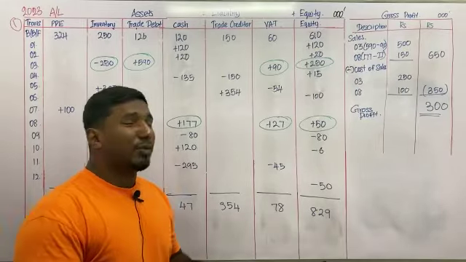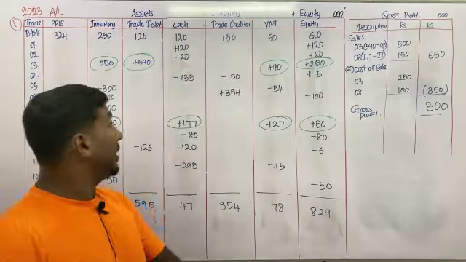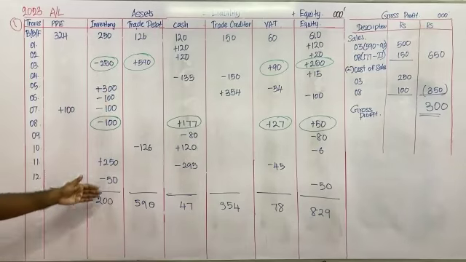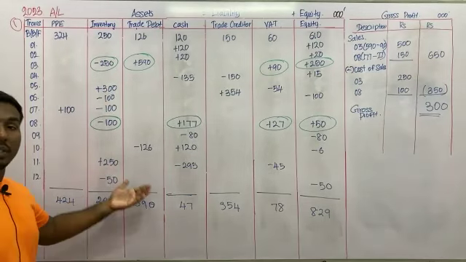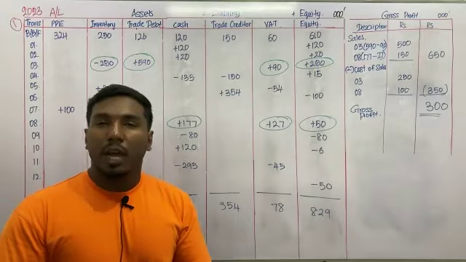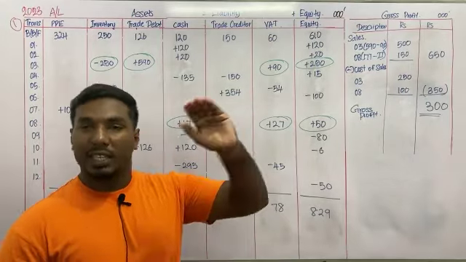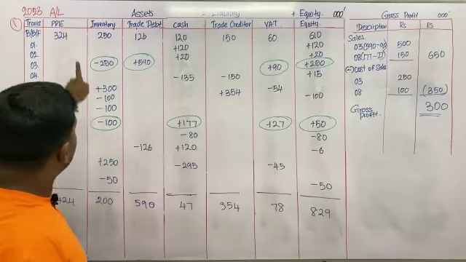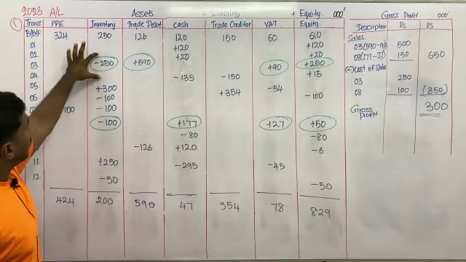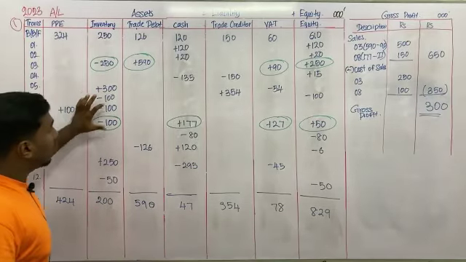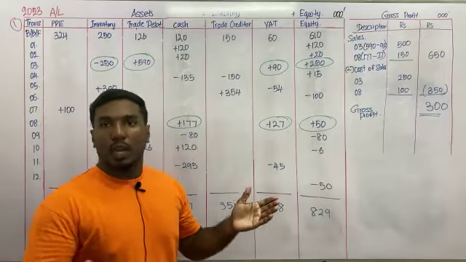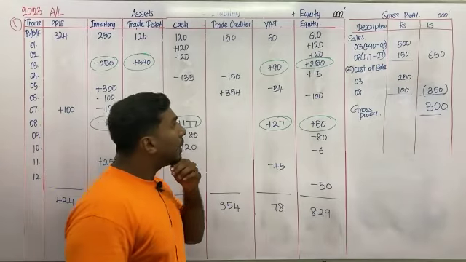You don't have to put opening inventory minus closing inventory and purchases. You don't have to calculate the cost of sales in that way because the actual cost of the sales is already given. Okay.